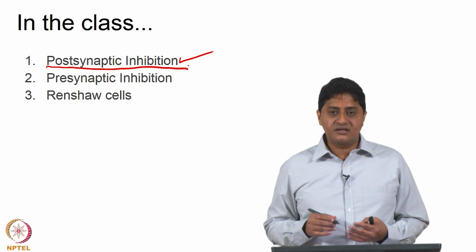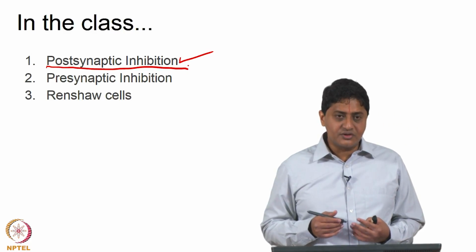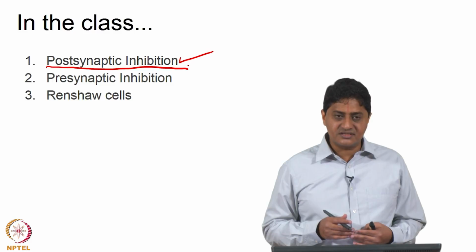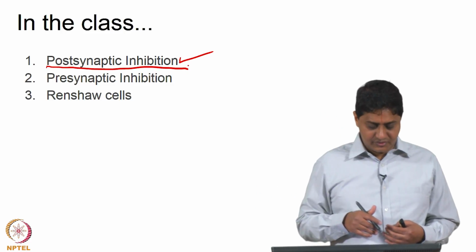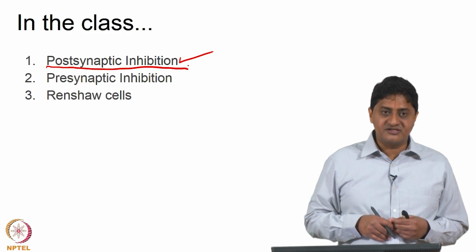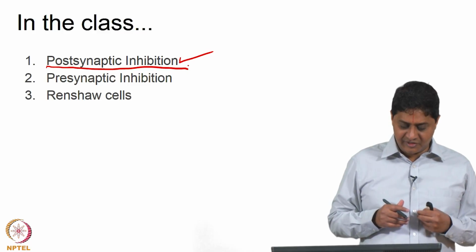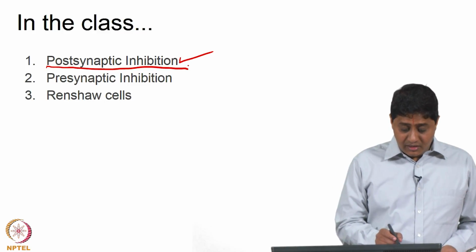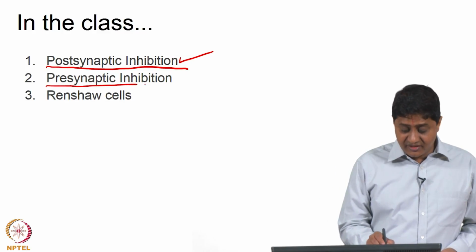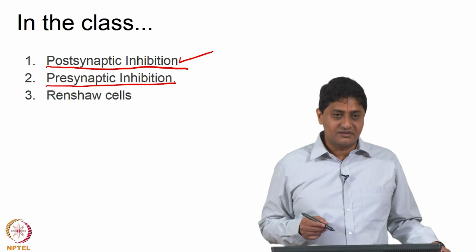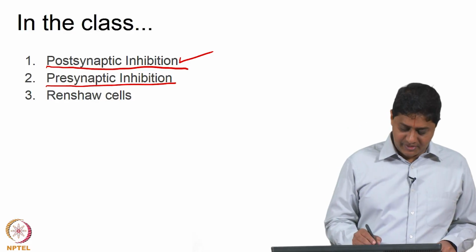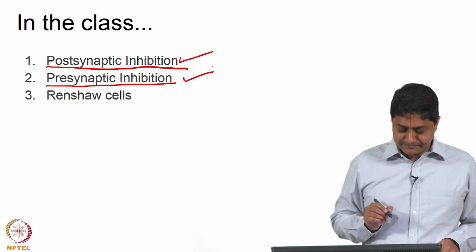This involves chemicals or neurotransmitters that function as inhibitory neurotransmitters or perform inhibition on the postsynaptic neuron. So, in general when we say inhibition we are referring to postsynaptic inhibition, or then a special case of inhibition that could be caused due to excitation. How can this happen? We will see how this can happen in this class.